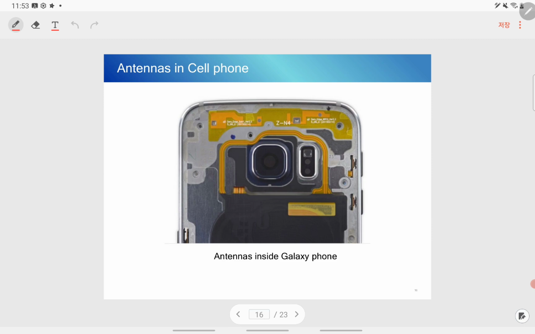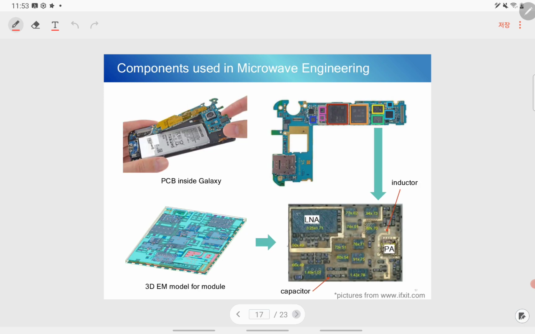So if you take a look at your cell phone, you cannot see this on the outside of the cell phone, but inside you have an antenna to receive the LTE signal and Wi-Fi signal. So this is the antenna implemented in your cell phone. This is about EM theory, right?